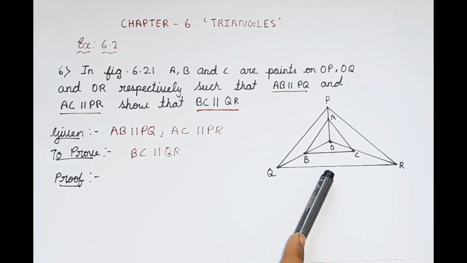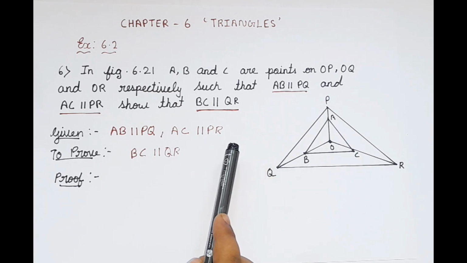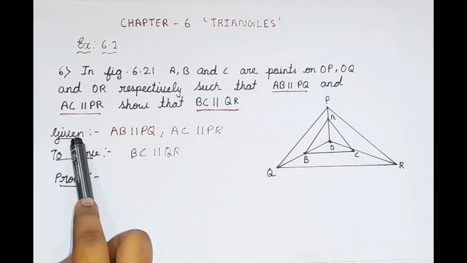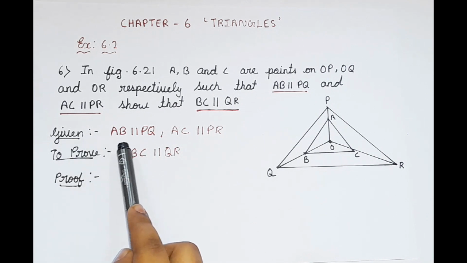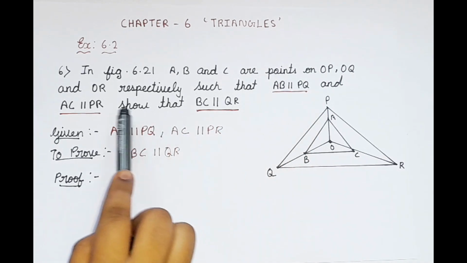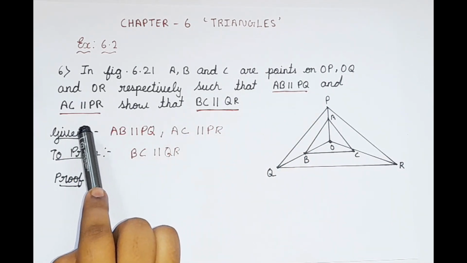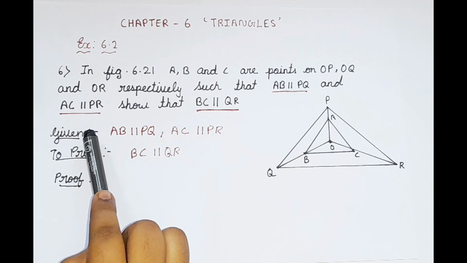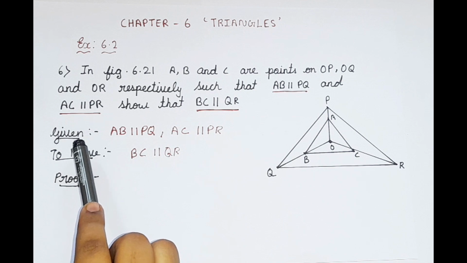For that, we are going to use the clue words. What are the clue words? That is what is given in the question. According to the question, AB is parallel to PQ and AC is parallel to PR. These are really important. These are going to take us on a path where we will find the answer.